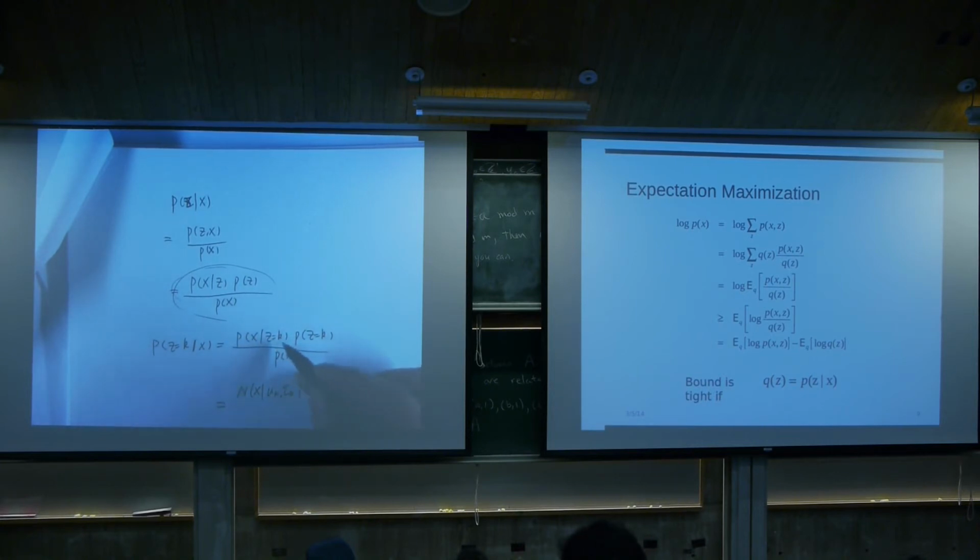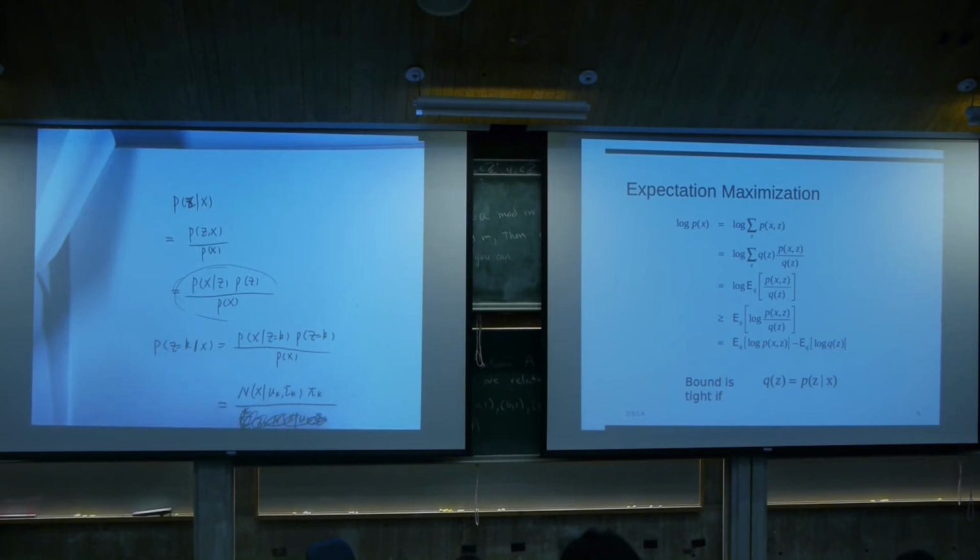This density is this guy, and P(Z equals k) is pi k, the prior probability of choosing cluster k. And P(X) is the sum over j equals 1 to capital K of pi j N(x; mu j, sigma j). Sorry, I should use another index.